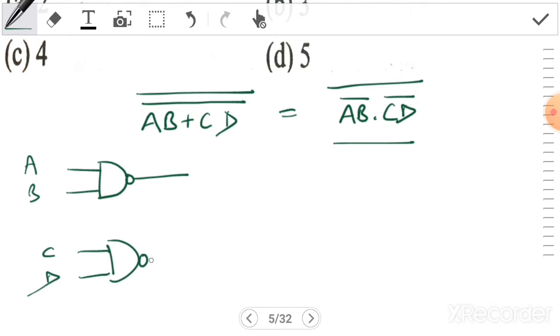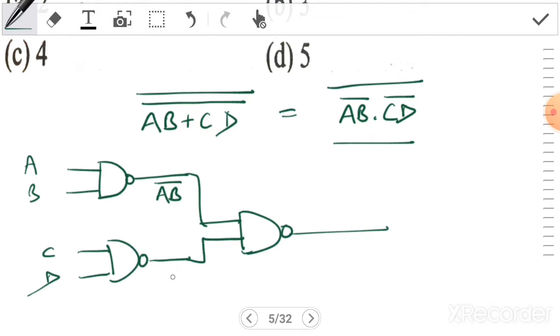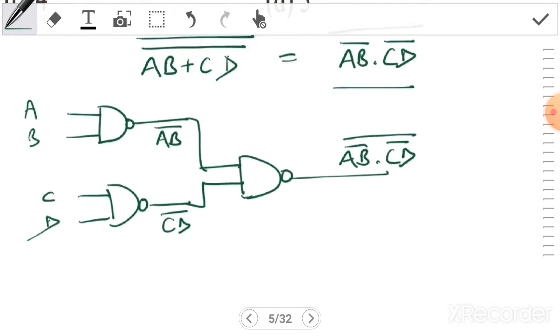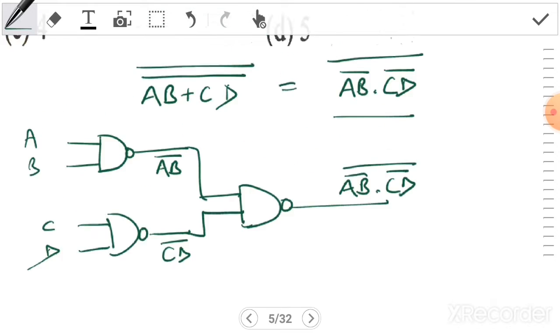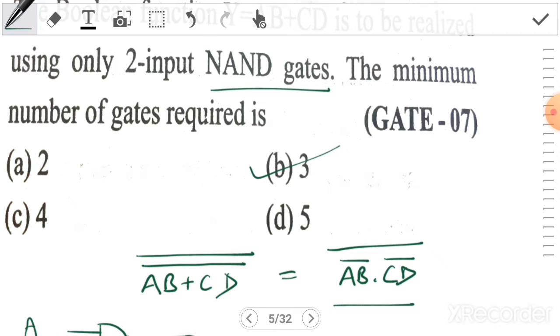So now again one NAND gate is required for the next level; here the output is AB complement and here CD complement, and the final output is (AB complement, CD complement) whole complement. Now this expression can be implemented with a 2 level NAND circuit, meaning 3 NAND gates. So B is the answer.